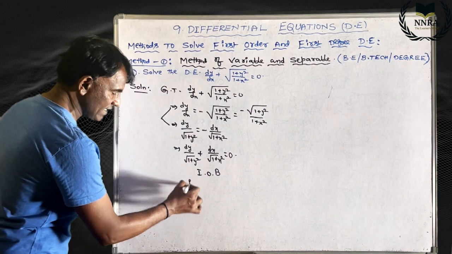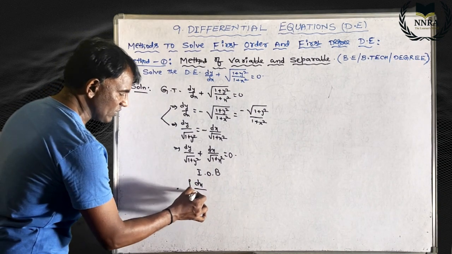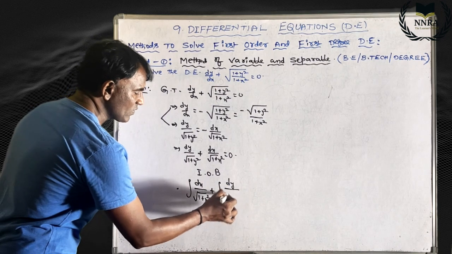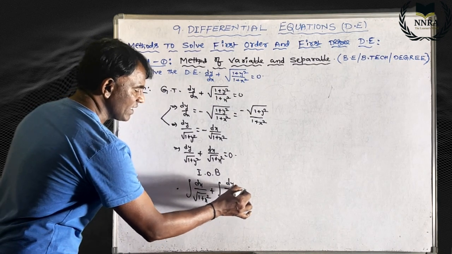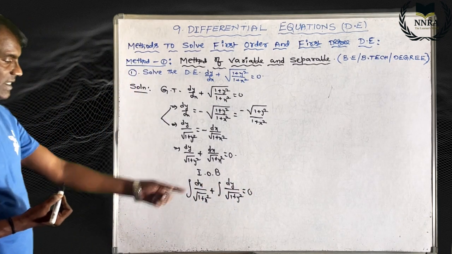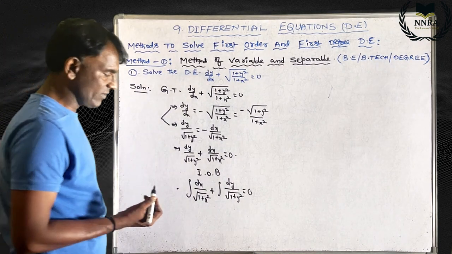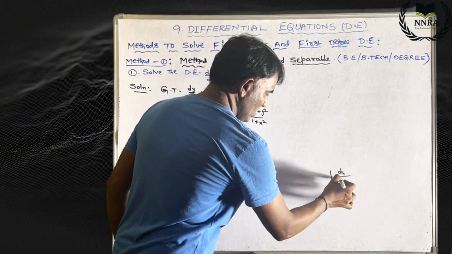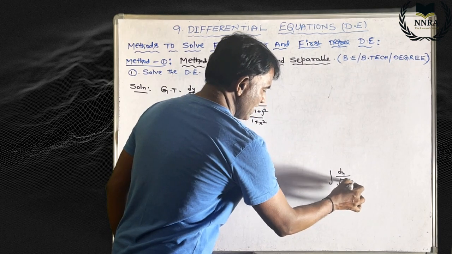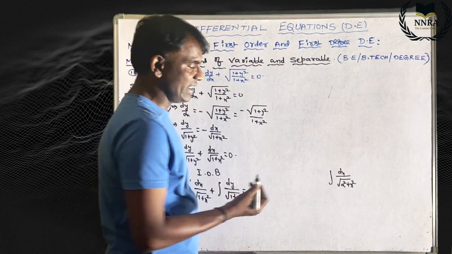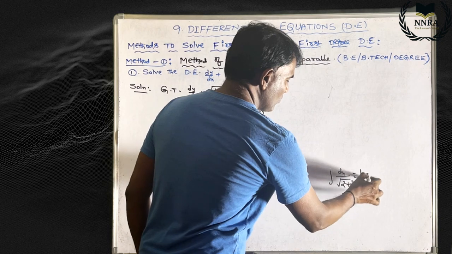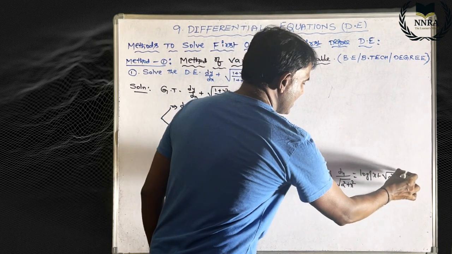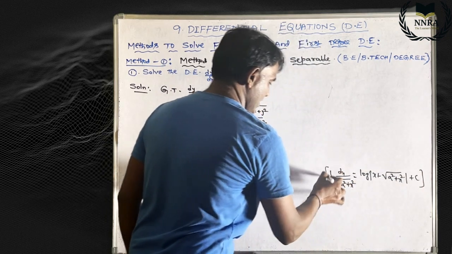I am writing the x term first. Integral dx by root of 1 plus x square plus integral dy by square root of 1 plus y square equal to 0. And this is one standard formula: integral dx by root of a square plus x square is log of mod of x plus root of a square plus x square, plus constant.